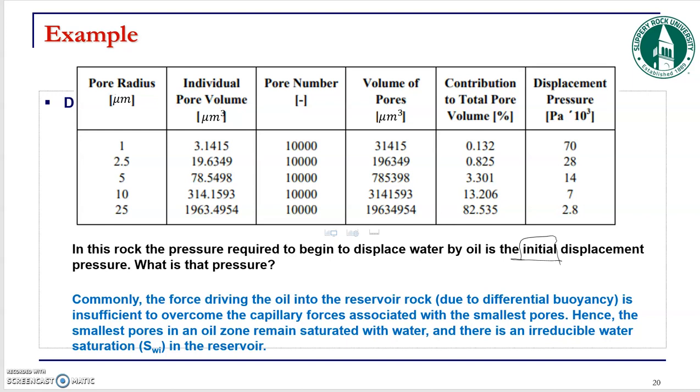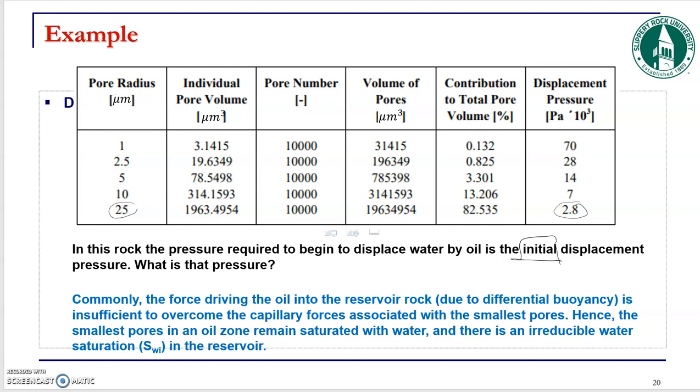Okay, so by looking at this table, you will see that the lowest number is 2.8 for the largest pore. Of course, you see the trend. The largest pores have the lowest displacement pressure. It means that if you inject your oil with a pressure equal to 2.8 kilopascal, then you will be able to remove the water from the 25 micrometer pores.